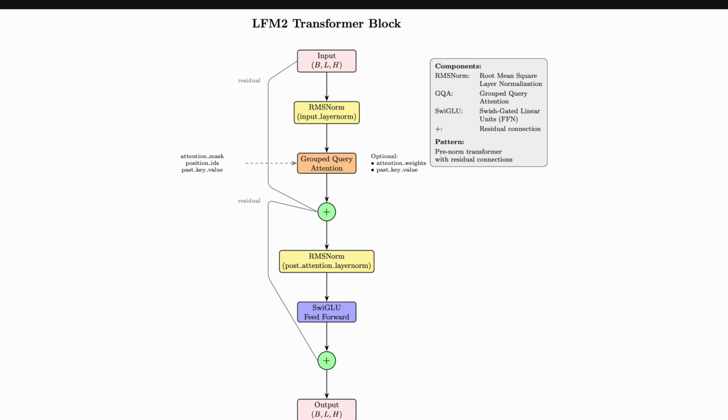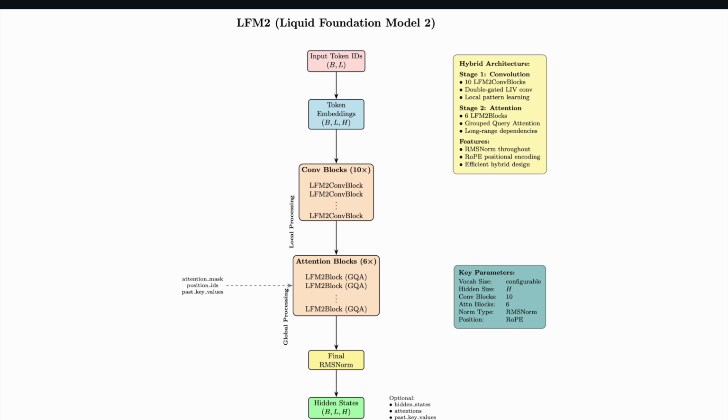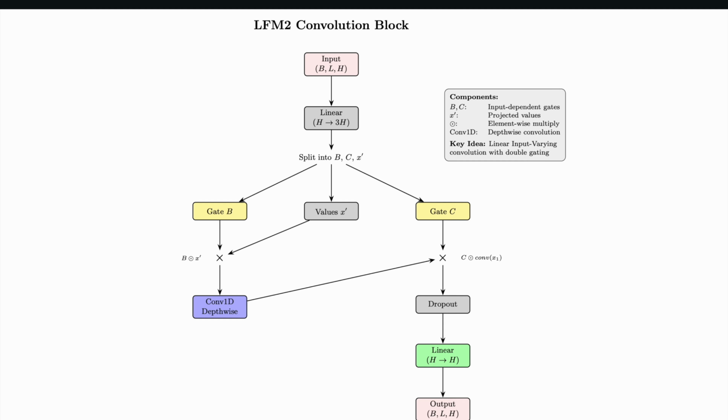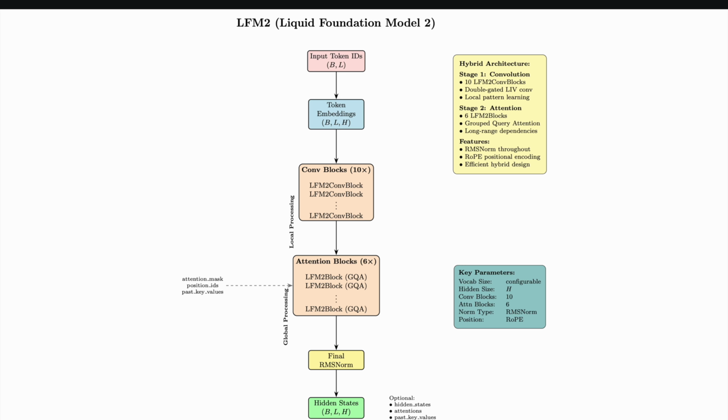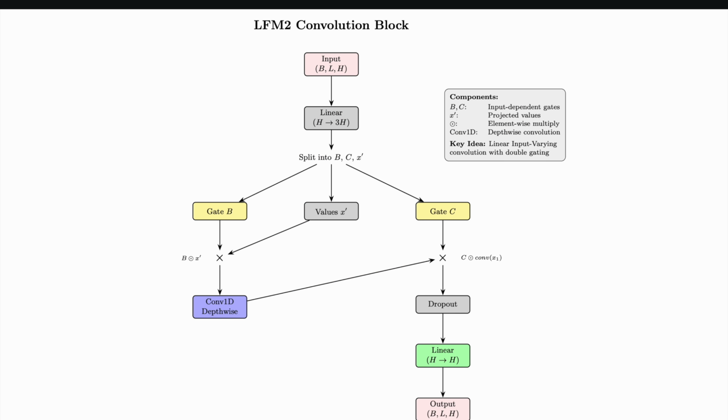So this was technically the LFM2 transformer block, but how about the LFM2 convolutional block, which we had right here? This is an important part, because what we said here was that we have a kind of time liquidity modularity, but how does that happen, and how can we decide how much time, based on the input and the internal state, we want to spend on each input type?